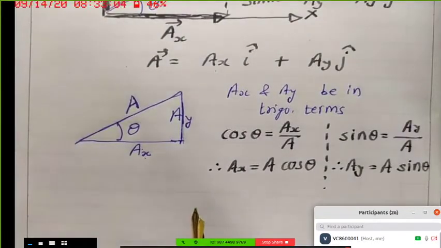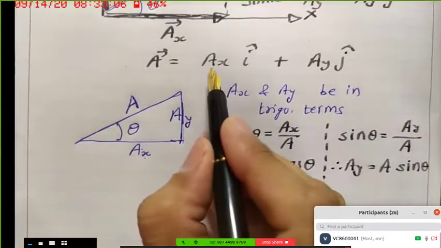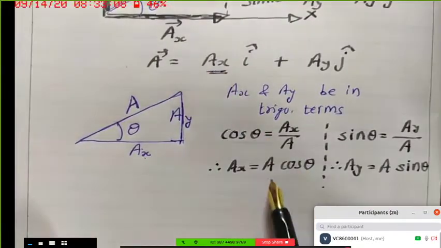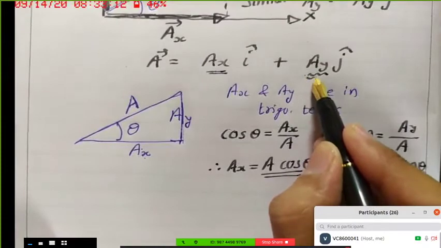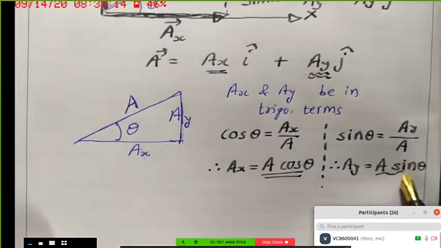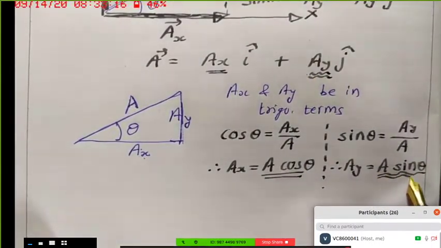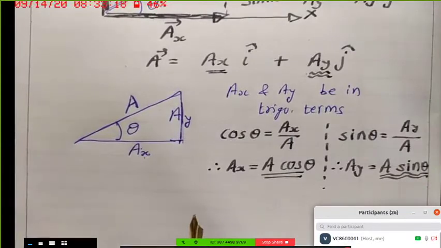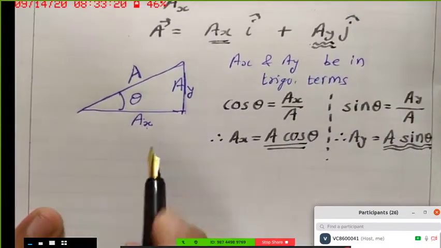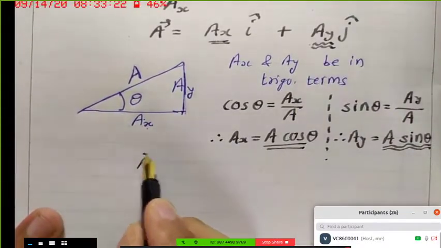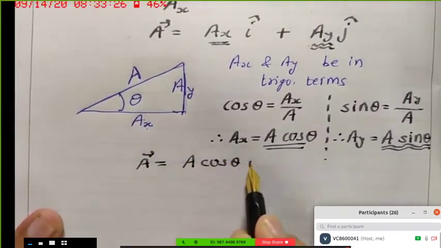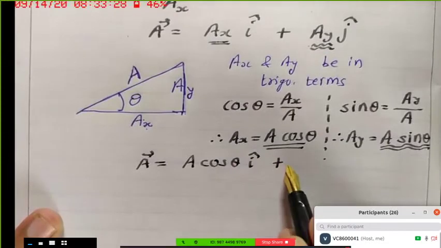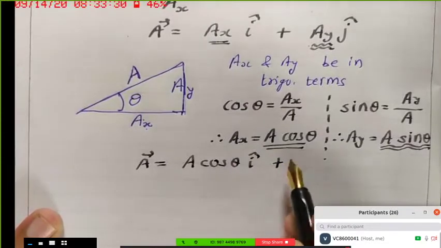So instead of AX, I can write A cos theta, and instead of AY, I can write A sin theta. So I'm now rewriting the same vector as A cos theta i cap plus A sin theta j cap.